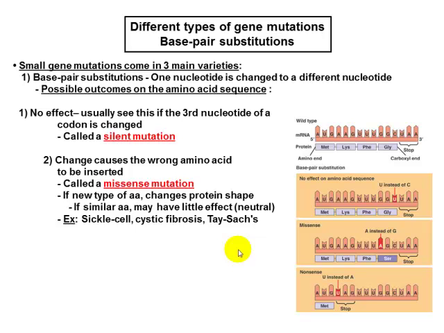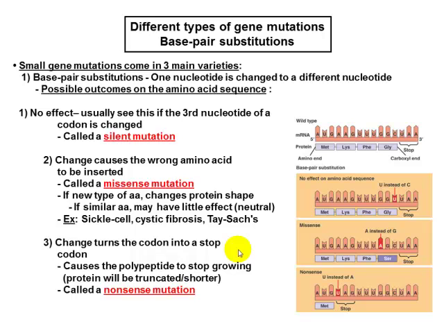Now, there is another type of mutation. Look here at this codon for lysine, AAG. If you get a mutation on the 1st base and you change this code to UAG, now this becomes a stop codon, like the case we had here, UGA, UAG.